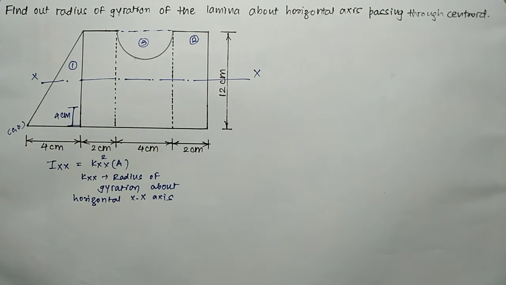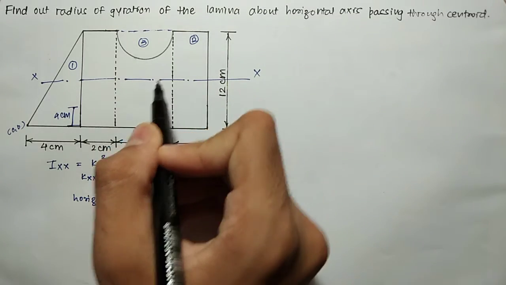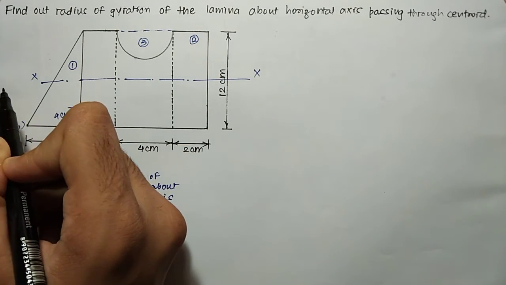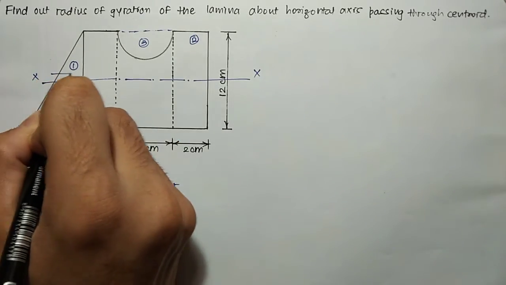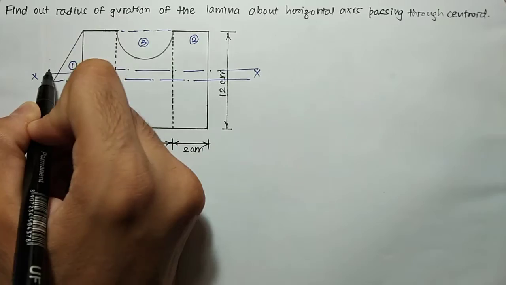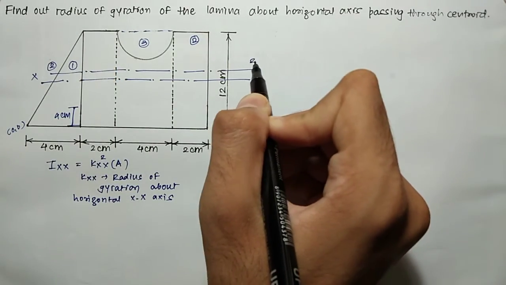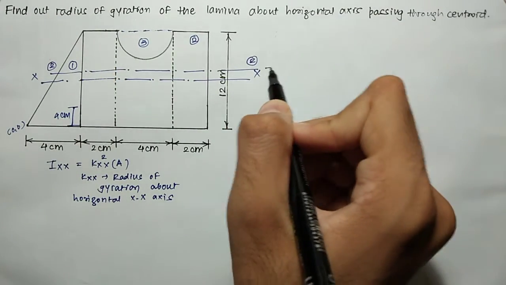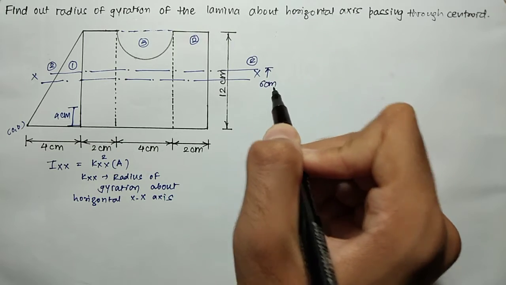Similarly for the rectangular region, it will be lying at a distance of 6 cm from this end. So this is the location of the centroid for figure 2, lying at a distance of 6 cm.